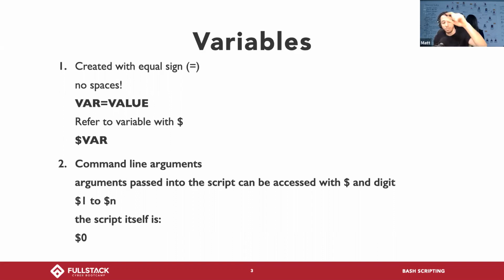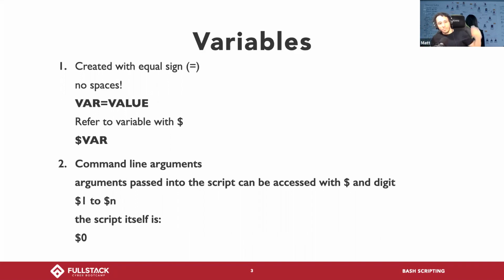So the first argument would be $1, the second $2, the 57th would be $57. And the reference to the script itself would be $0. So very similar to how we reference things in Python, where you get sys.argv and you get that nice list that's 0 indexed. It's a very similar sort of data structure when we're talking with Bash. So inside your Bash script, you can refer to the command line arguments with $ sign integer.